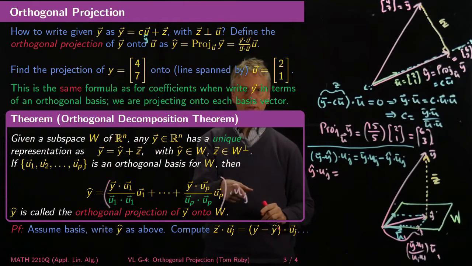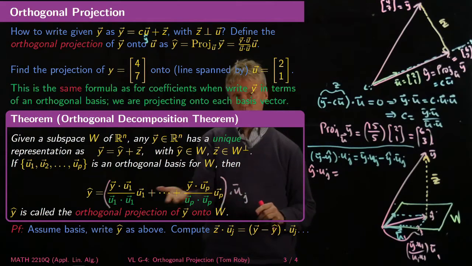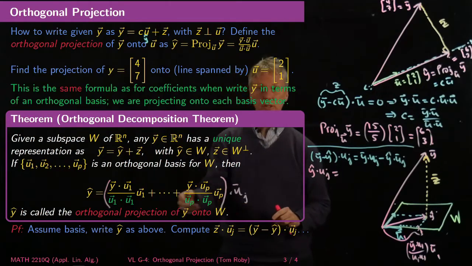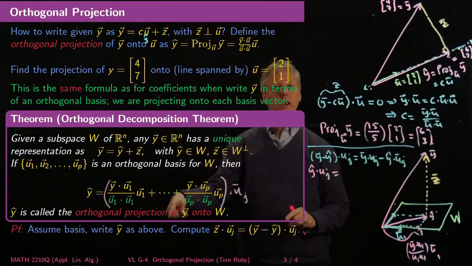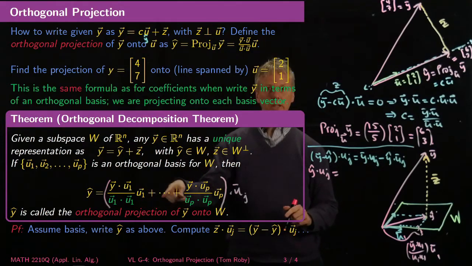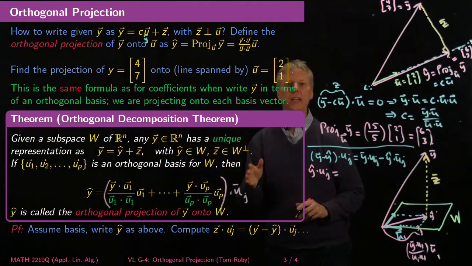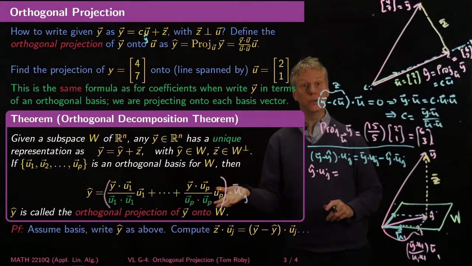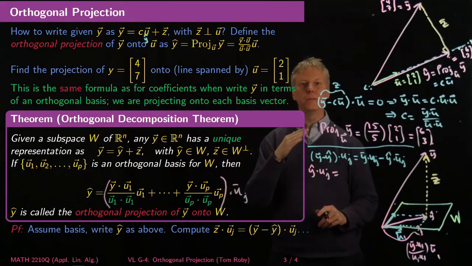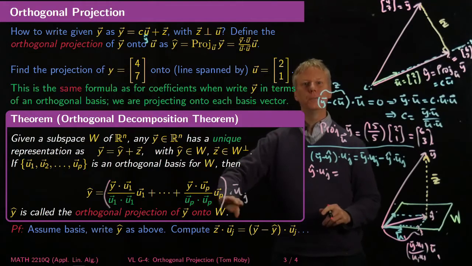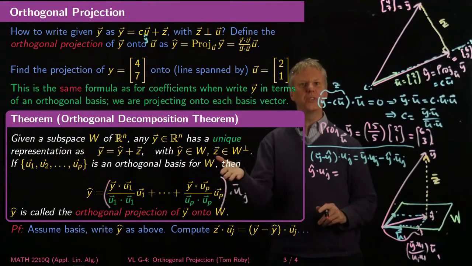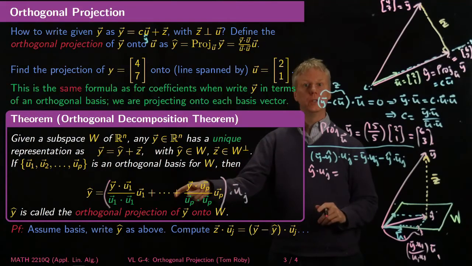So u1 dotted with u sub j is 0 unless j is 1, and u2 dotted with u sub j is 0 unless j is 2. So it doesn't matter what these coefficients are for any of the values except for the value j. So the only term that's going to survive, and this is really the key thing that makes orthogonal bases so useful when you've got an inner product, is that nothing survives being dotted with something except the thing you care about. So this picks out the coefficient of u sub j.